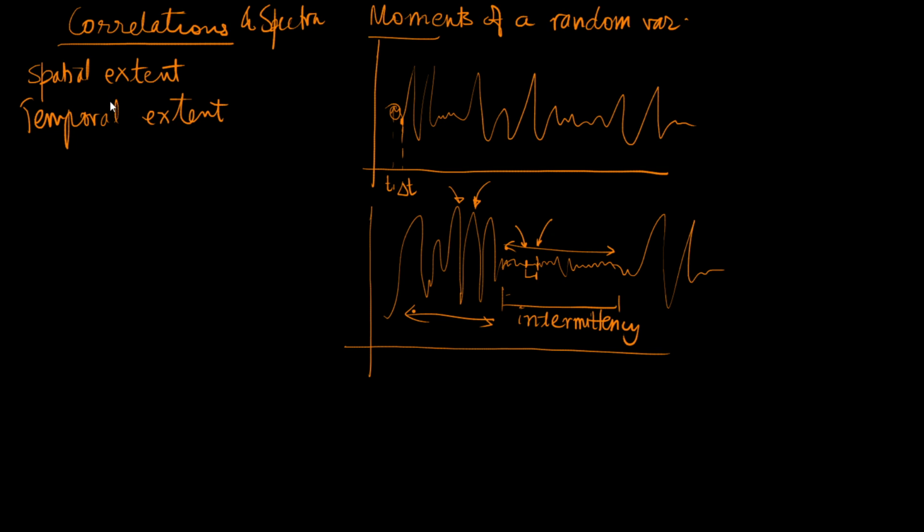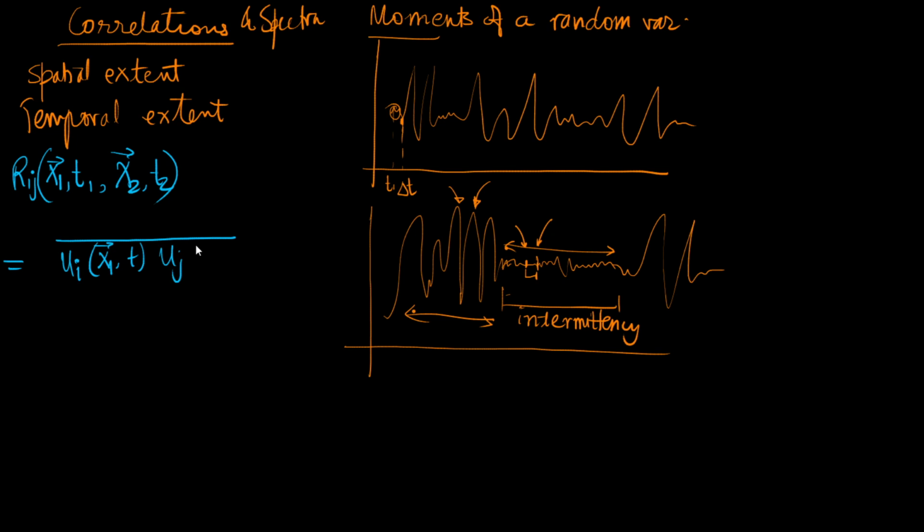So what is actually a correlation? The correlation Rij of something at x1 at time t1 with something at x2 at time t2 is defined as the ensemble mean of ui at x1, t1 and uj at x2, t2.